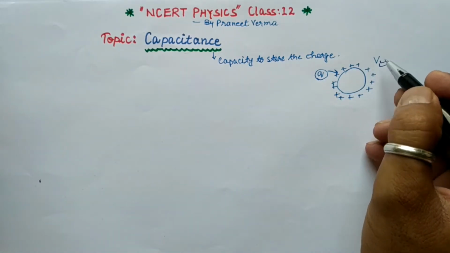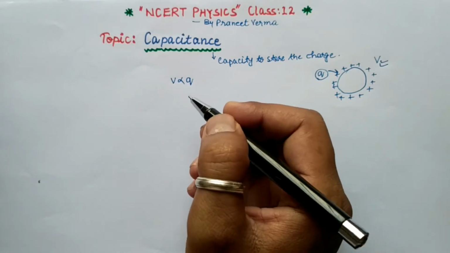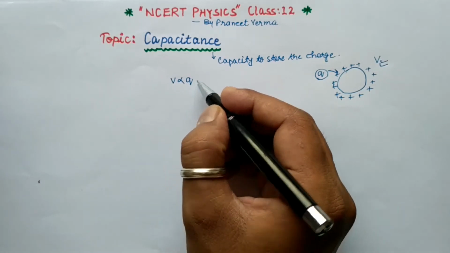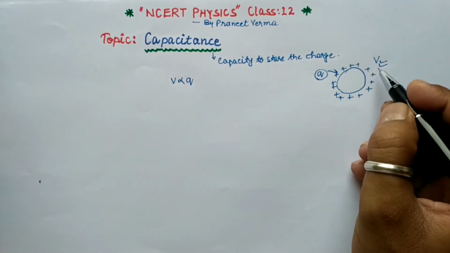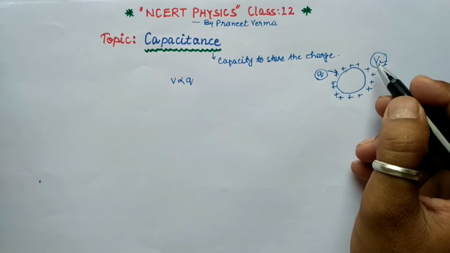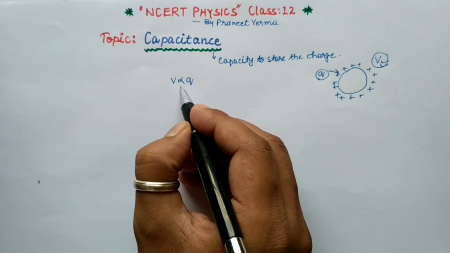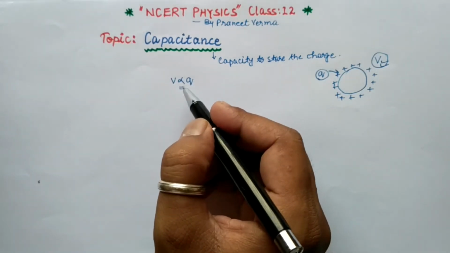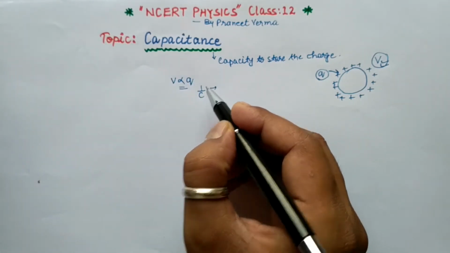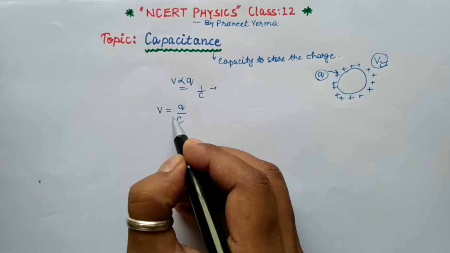This potential V is directly proportional to Q. Q is the charge given to a conductor, and due to this charge potential is capital V. So V is directly proportional to Q. When this proportionality sign is removed, a constant of proportionality 1 by C comes. Now V is equal to Q by C.